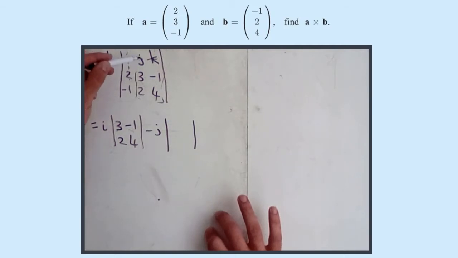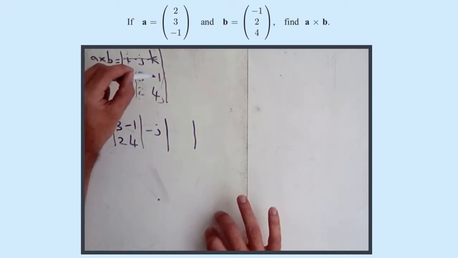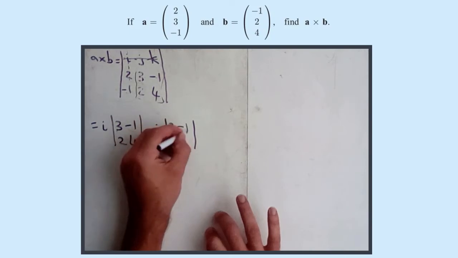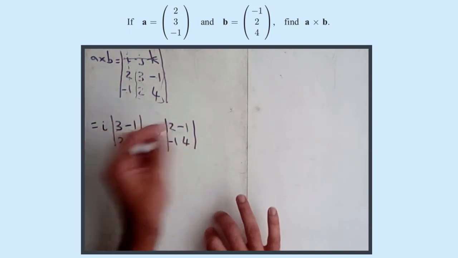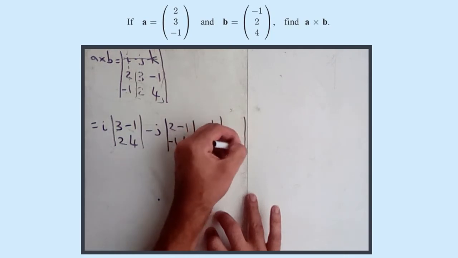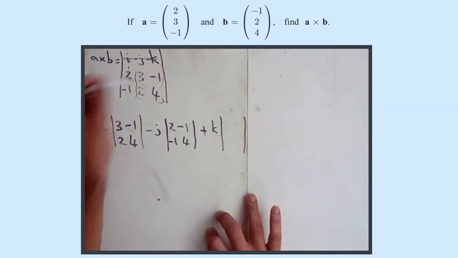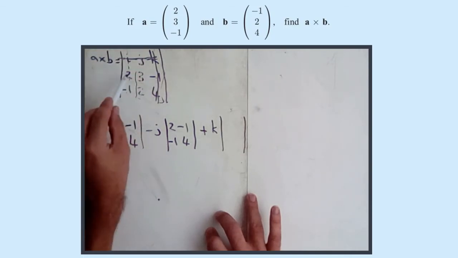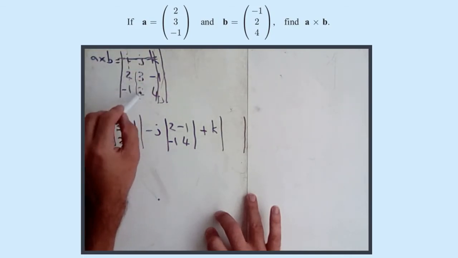If we do the same for j, we cover out the middle column and the top row, and you're going to have 2, -1, -1, 4. And then plus k times the determinant of everything not in k's row or column. If we did the same with k, that would leave us with 2, 3, -1, 2.